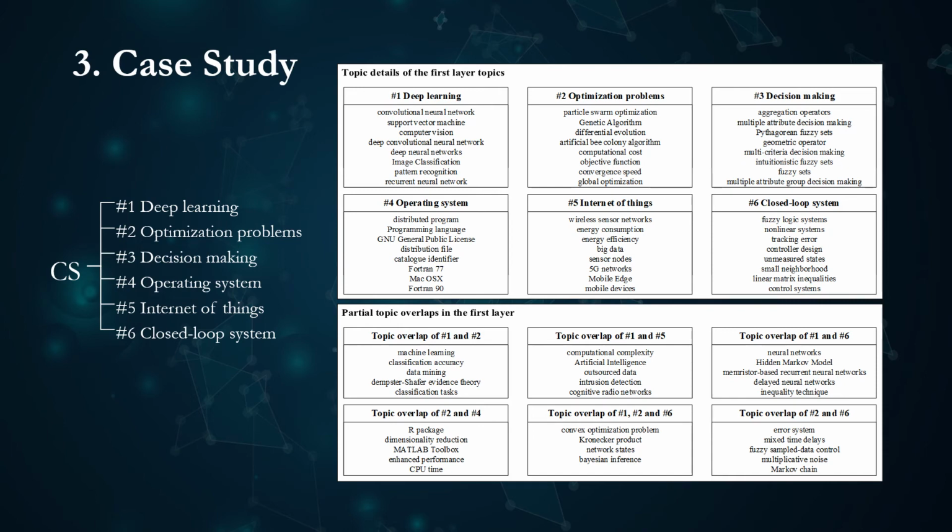If we look at this topic overlap of 1 and 2, we'll find machine learning, classification, accuracy, which are the crossing section of deep learning and optimization problems. And also for topic 2 and 4 overlap, we can see R package, MATLAB toolbox, which are applications based on certain operating systems, and they are always frequently used in solving optimization problems.